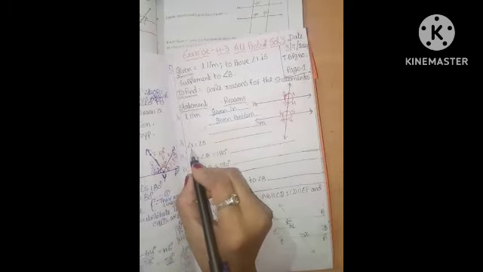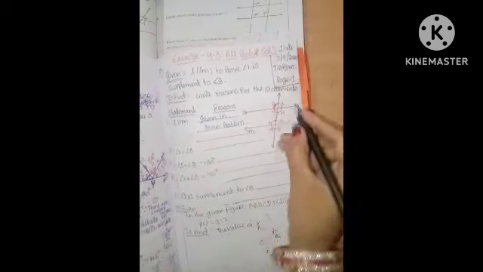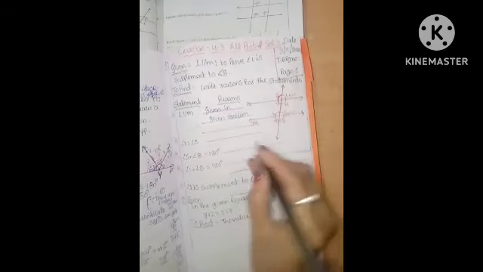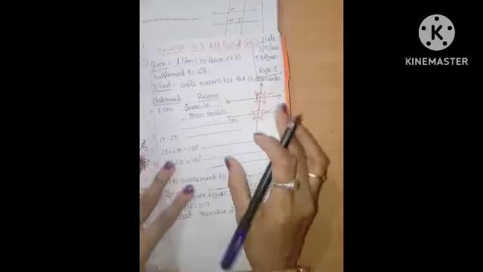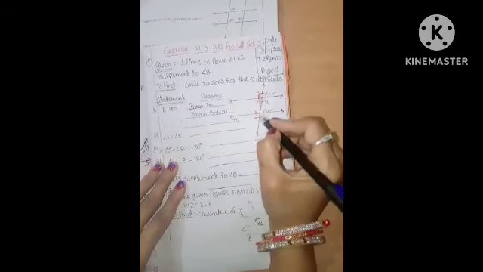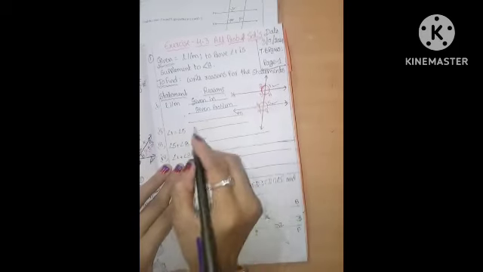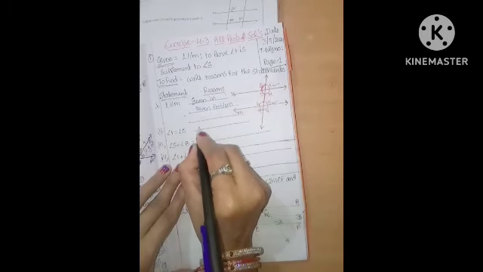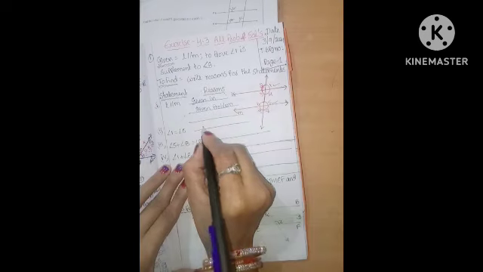And the second one: angle 1 is equal to angle 5. These two are on the same side of the transversal, so these two angles are corresponding angles.